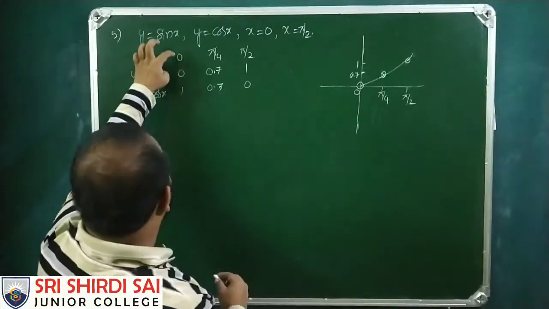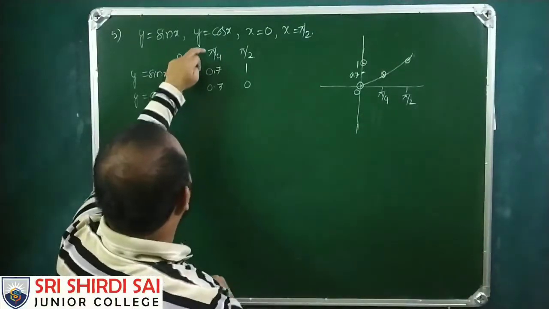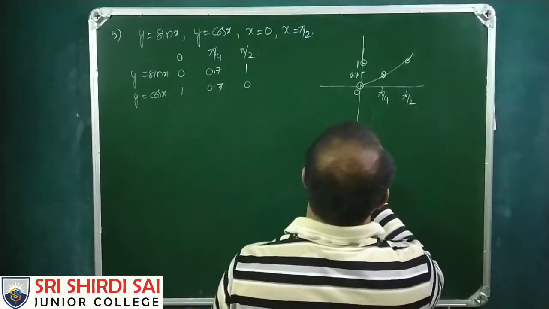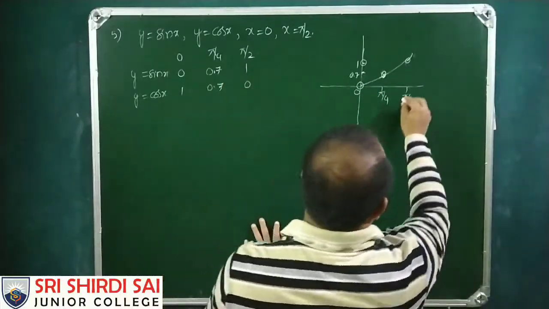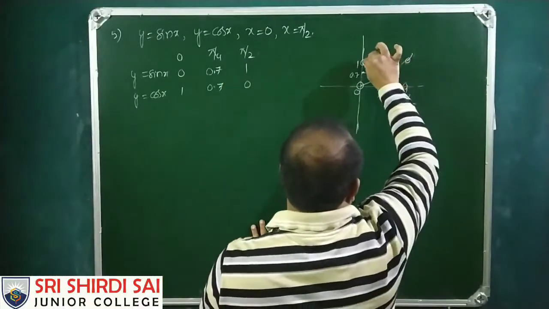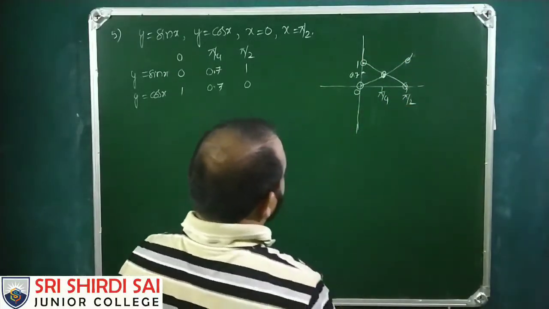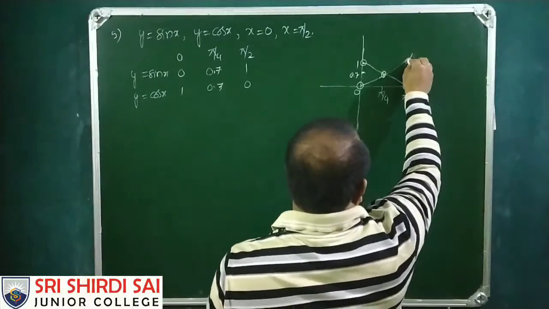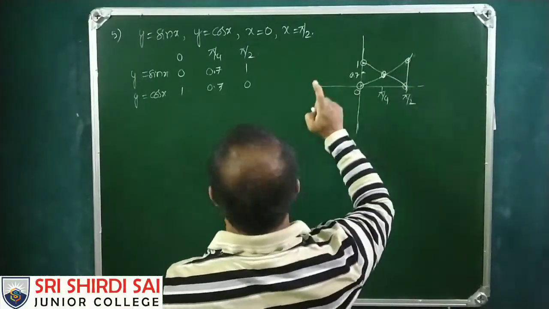Now, this is next 0, 1. 0, 1 is this curve, and pi by 4, 0.7 is this, and pi by 2, 0 is this. So if you join this, so this is x equals pi by 2. So what is this? 0, 1.